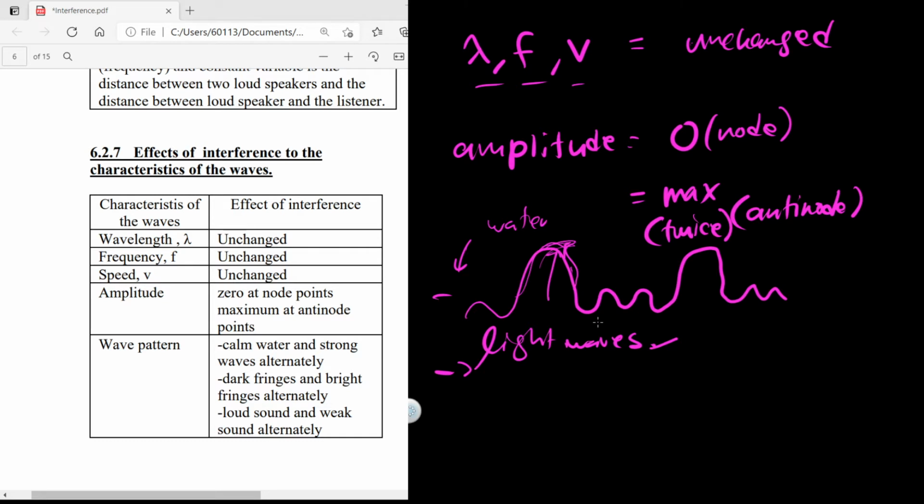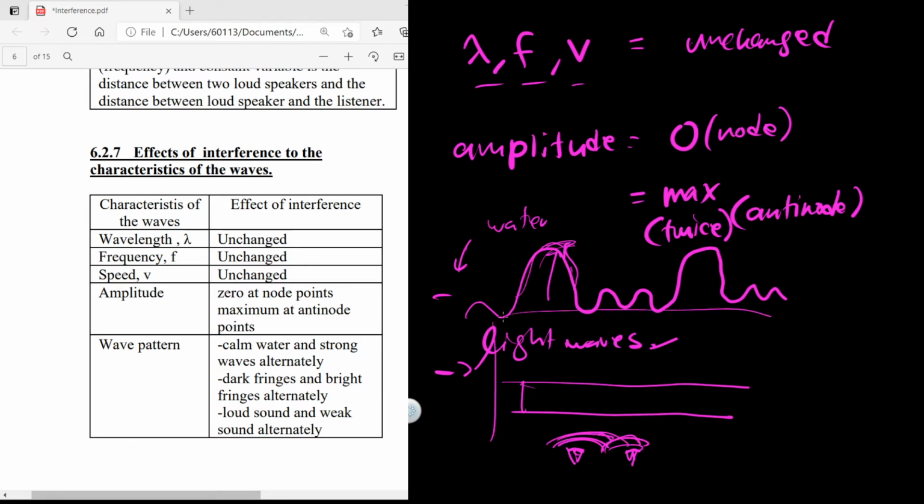For light wave, if interference occurs, what can be observed is a dark fringe and bright fringe alternately. Let's say we have two sources of light.